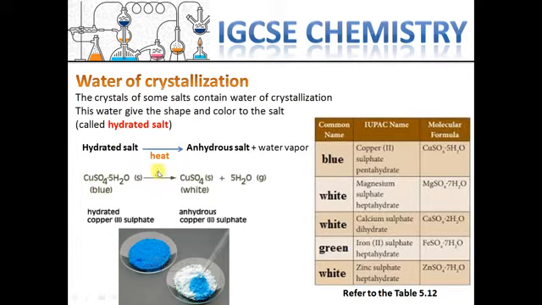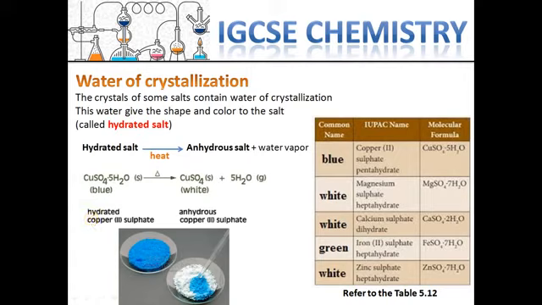After we give a heat, the water can leave the salt in form of the gas or vapor, and the copper based salt can turn to the white color. So this type of salt which loses the water we call anhydrous, and the salt which includes the water we call hydrated salt.